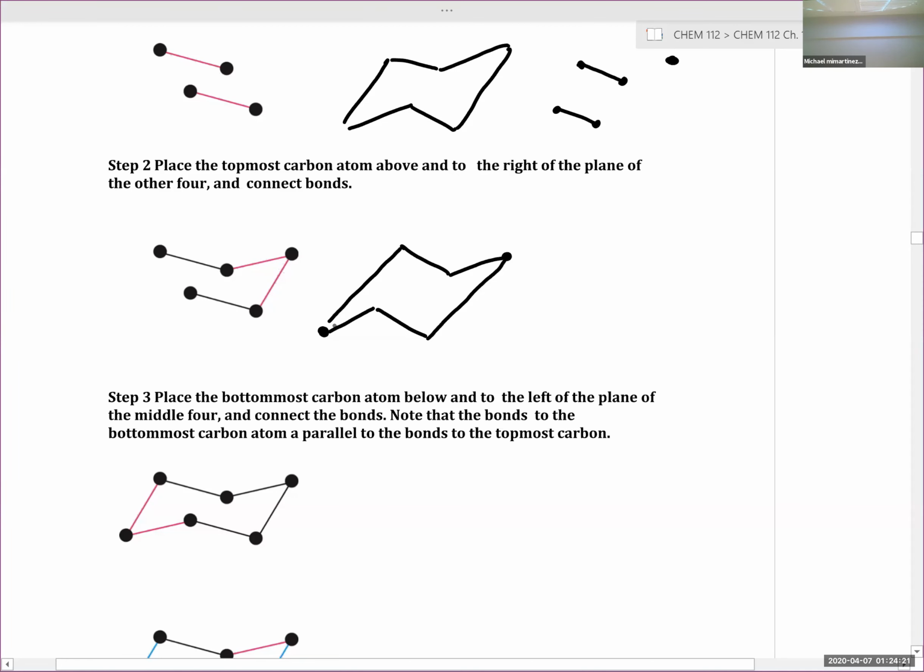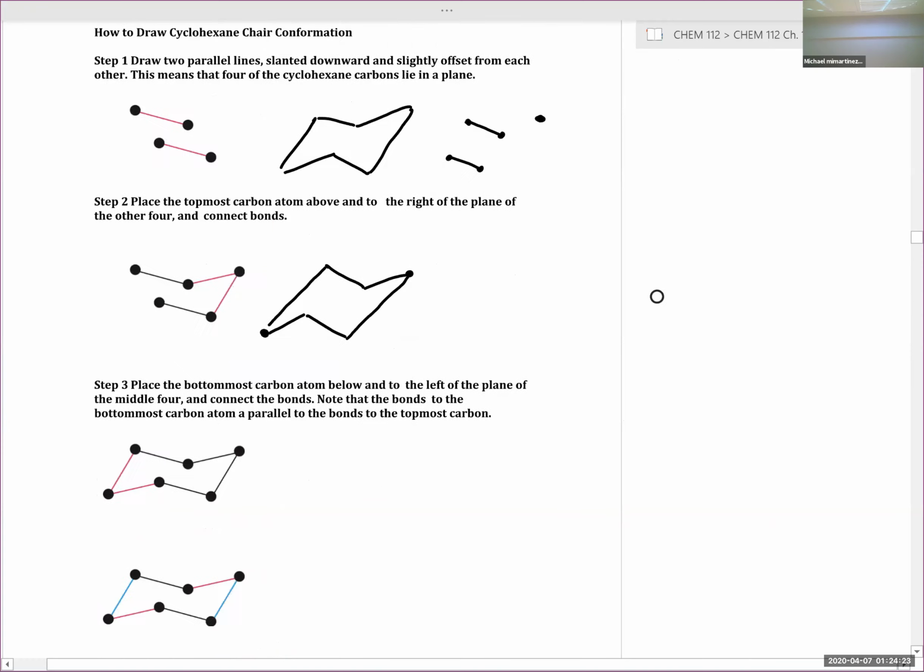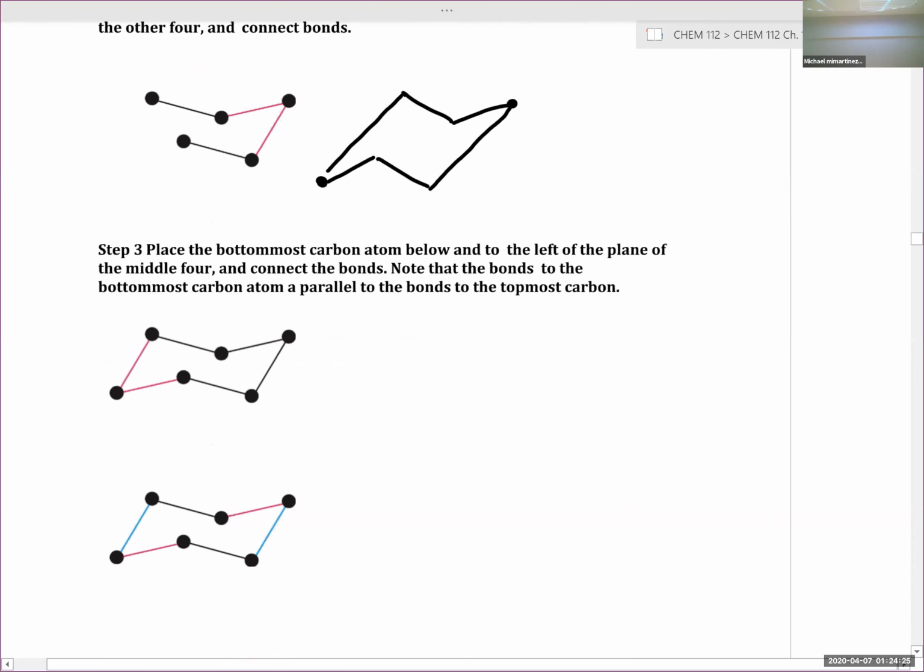So just to show the process from start to finish, we draw our two parallel lines, we place our top carbon as a dot, and we connect the lines to the dot. We then draw our bottom carbon and we connect the lines to the dot. Let me draw this a little more stylistically.